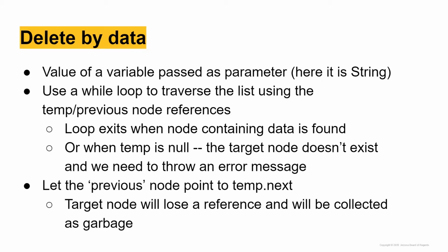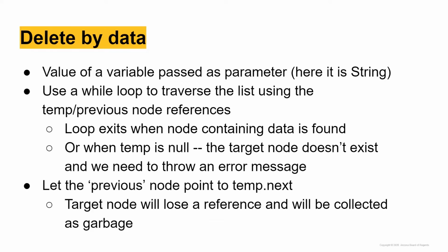So this way, the target node, which is on temp right now, the only thing referring to it is the target node. So once we reassign that target node, or sorry, let me backtrack. Right now, the target node, or the temp node, the only thing referring to that is the previous node, right?